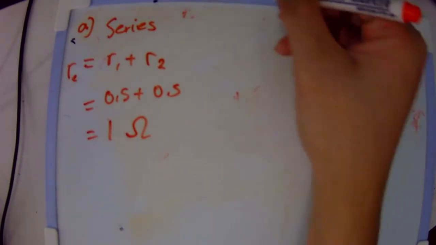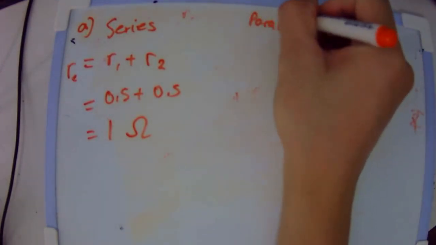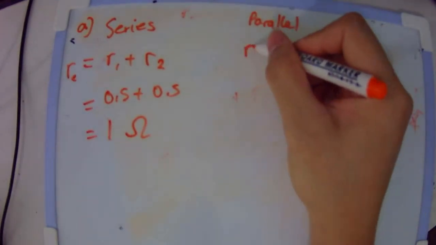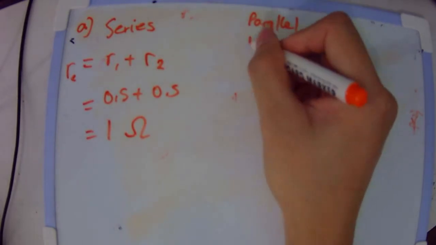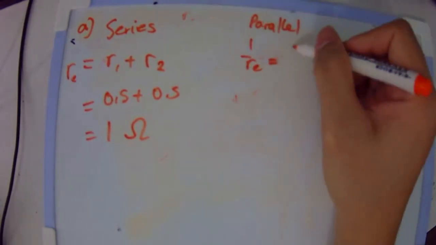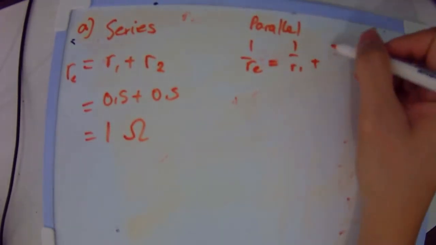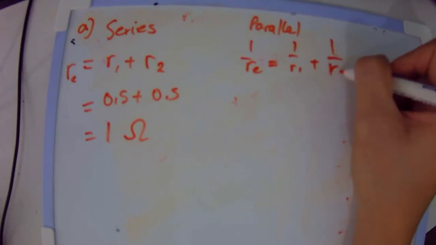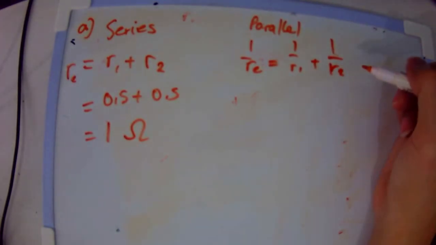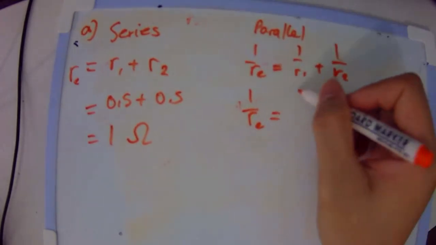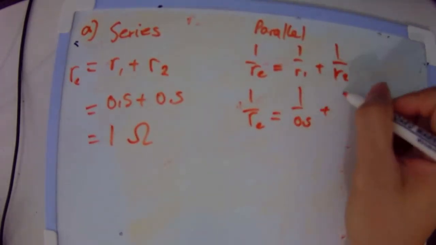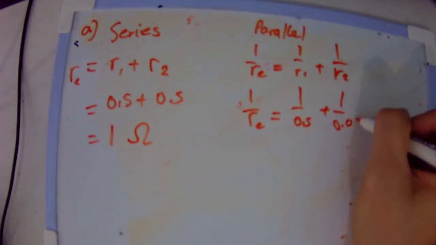Now let's find it for parallel. Instead of R plus R, we use 1 over R equals 1 over R1 plus 1 over R2. So 1 over R equals 1 over 0.5 plus 1 over 0.5.